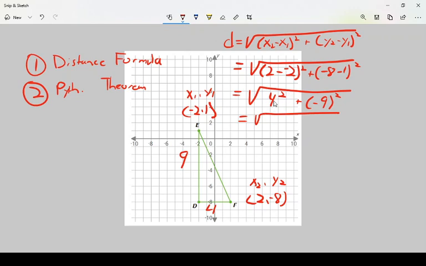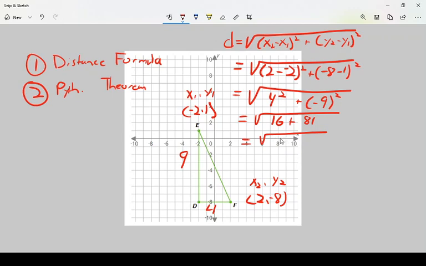Bring it down again. 4 squared is just 4 times 4, so 16, plus -9 squared is just -9 times -9, which is a positive 81. So 81. And then we will simplify that down. 16 plus 81 is what?